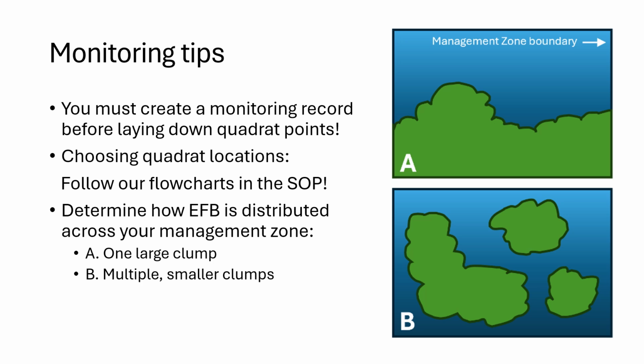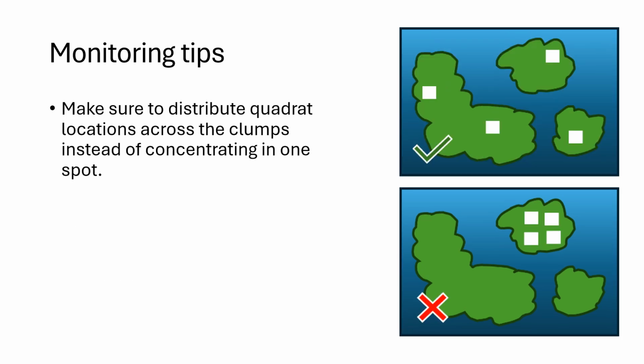Is it one large clump, like in this top image, or is it broken into smaller clumps, like on this image on the bottom? This will help you determine which flowchart to use in the SOP. If your EFB is clumped, try to distribute your monitoring quadrats across the clumps instead of concentrating them all in one spot, like in this bottom picture.